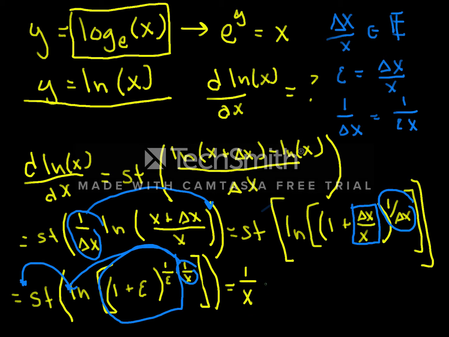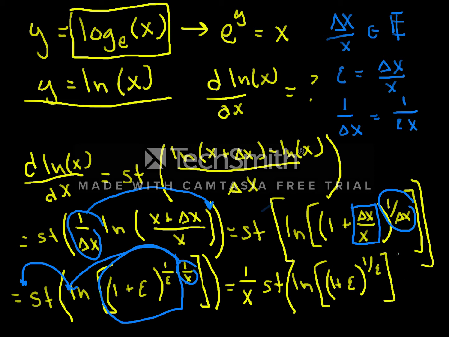So this is 1 over x times the standard part of the natural log of (1 plus epsilon) all raised to the 1 over epsilon.